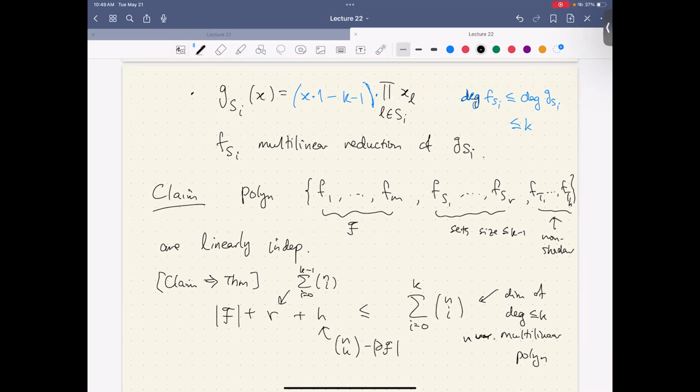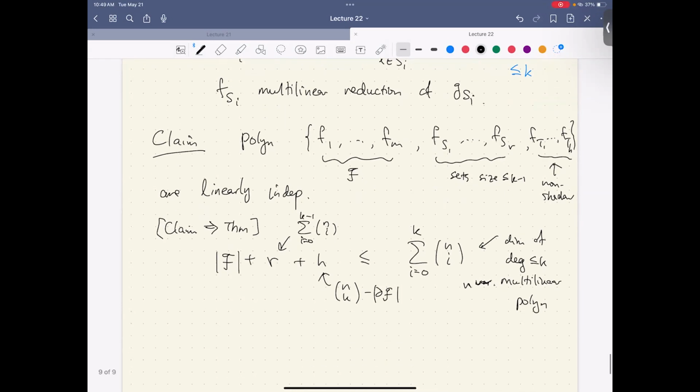Okay. Then you rearrange and that implies what we want.